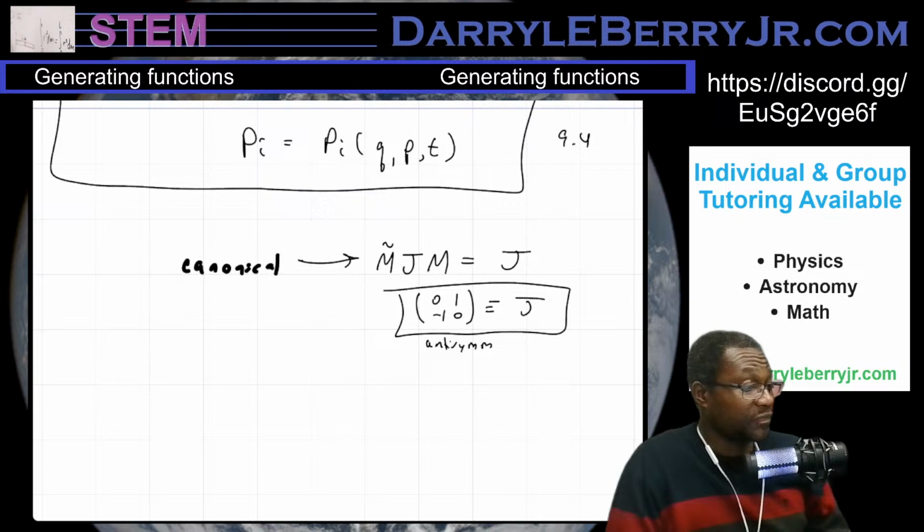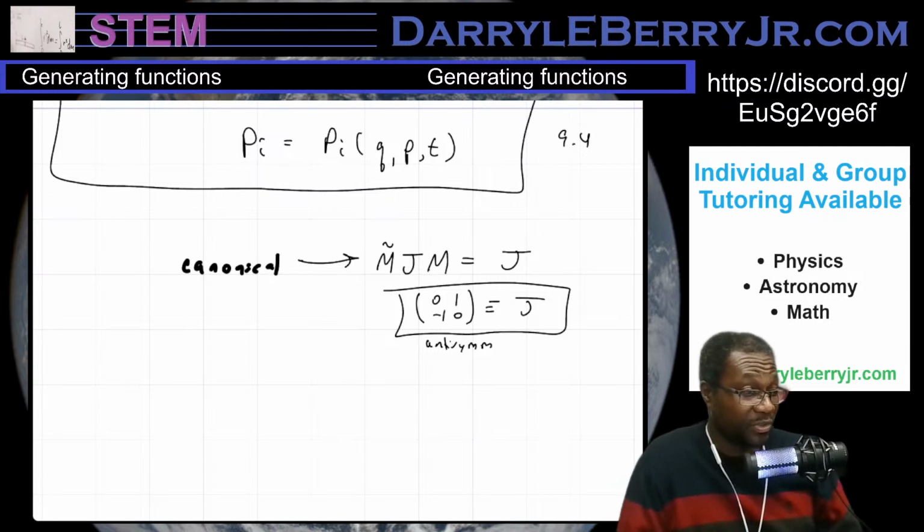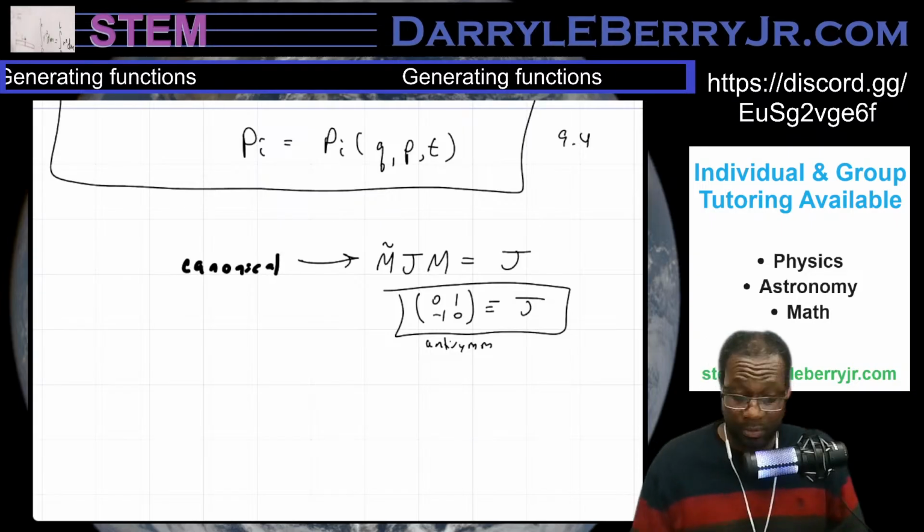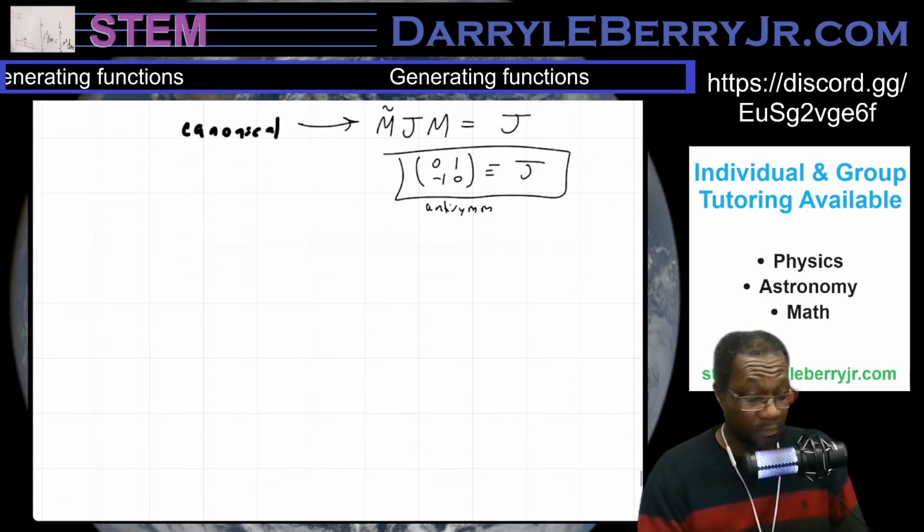This requirement will be satisfied provided there exists some function K such that the equations of motion in the new set are in the Hamiltonian form. All right?